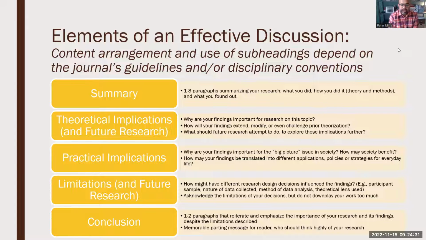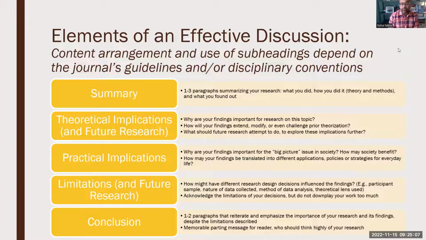Or put differently, what do you think were the restraints or the limiting conditions of all of these research design decisions that you made for your individual paper? Right? I will say that for this subsection, it is important to acknowledge the limitations of your research design decisions, but you do not want to become too negative and downplay your work too much, because at the end of the day, you do want to leave the reader with a positive impression, a positive takeaway of the work that you did.